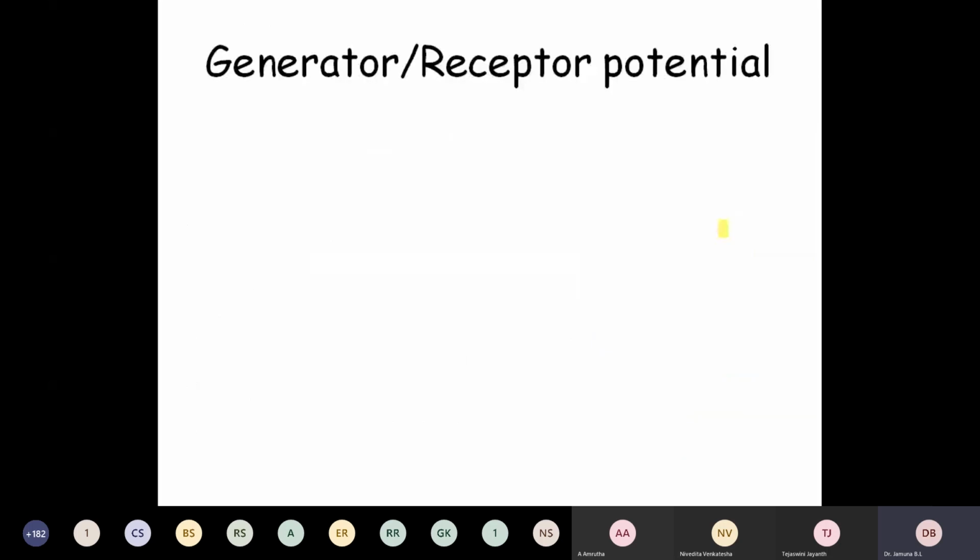What is a generator or receptor potential? This is a local potential. Already you have studied local potentials in nerve muscle physiology. Across the neuromuscular junction, what type of local potential is generated? That is the end plate potential. Similarly here in a receptor, there is generation of a receptor potential.